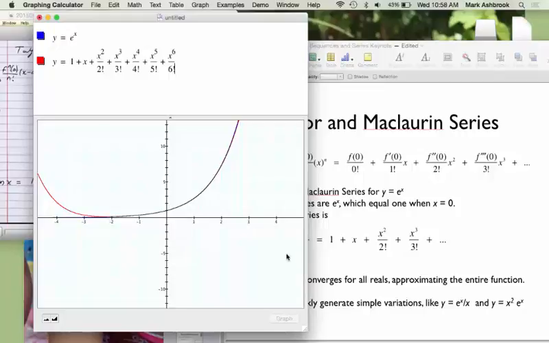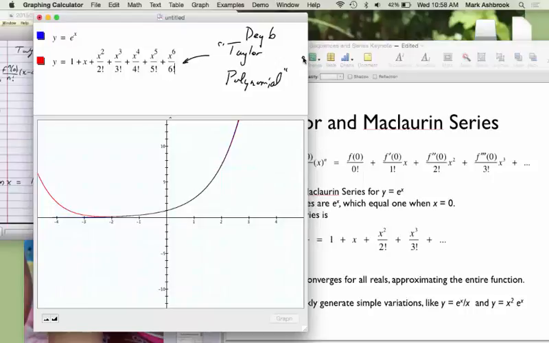Okay, and so this is called a Taylor polynomial. When you approximate by just taking a partial sum, it's called a Taylor polynomial. So this would be a degree 6 Taylor polynomial, which is an approximation to the Taylor series, right?